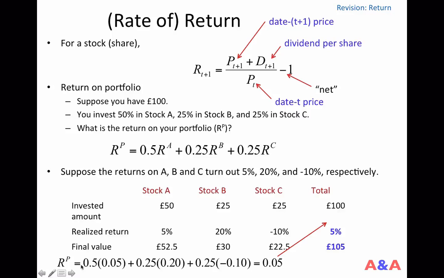That is the weight for stock A, 50%, times the return on stock A, 5%, the weight for stock B, 25%, the return on stock B, 20%, the weight for stock C, 25%, and the return on stock C, minus 10%, equal 0.05, 5%. Okay? So we got the same number. So the important points on this slide are the definition of the return, rate of return, and the formula for the return on portfolio.